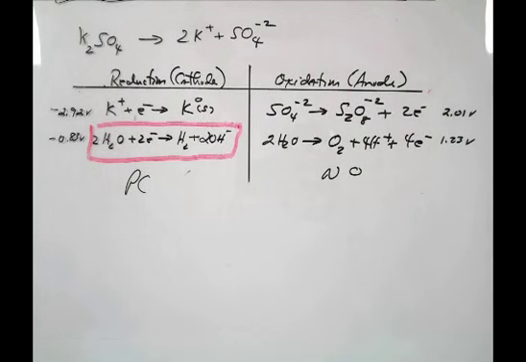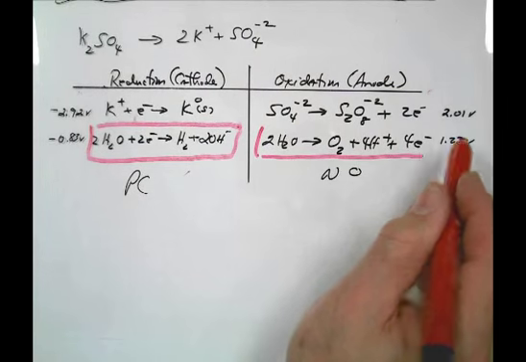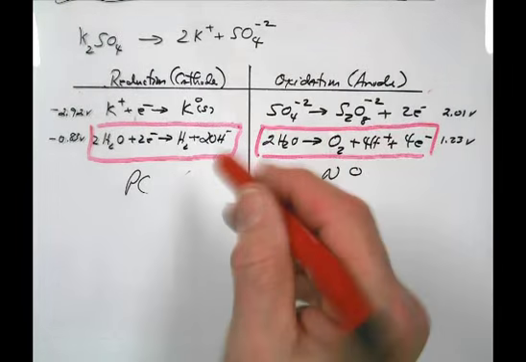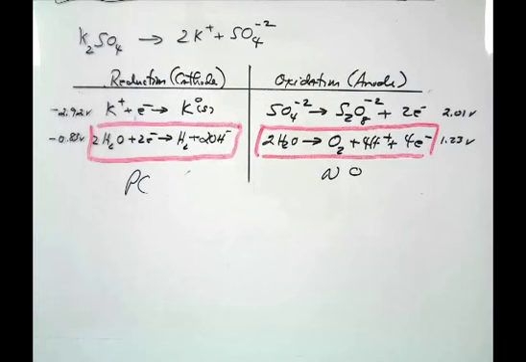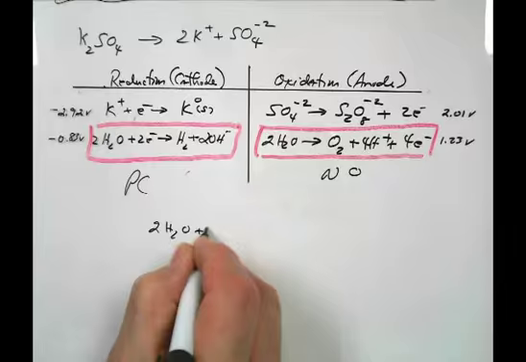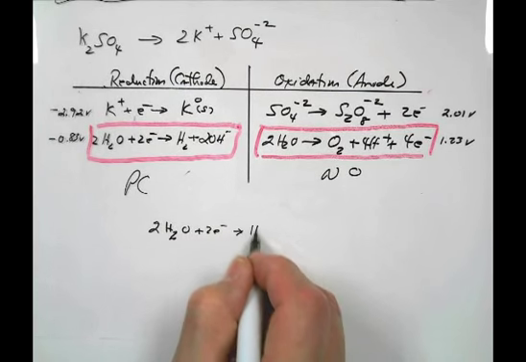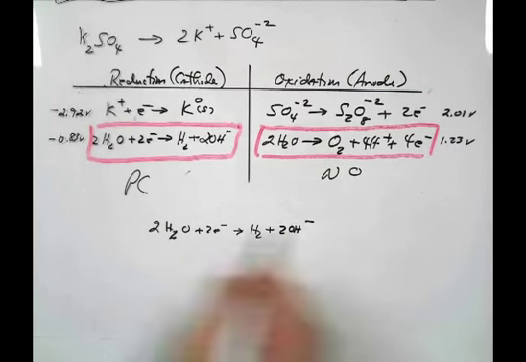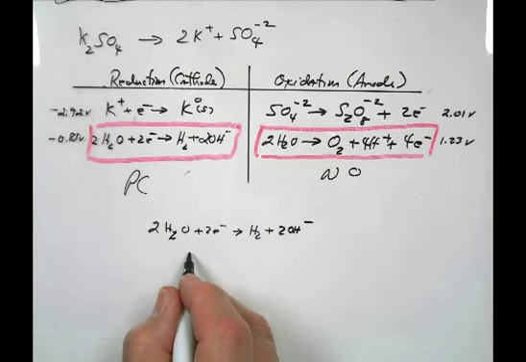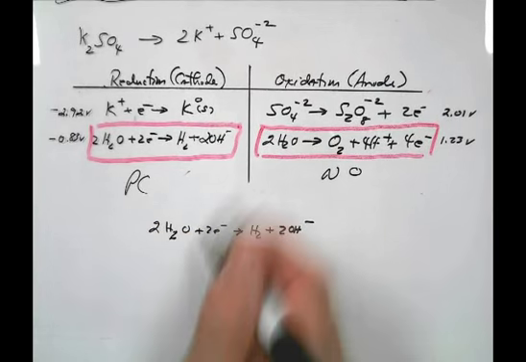Okay. The more negative is the water. So in this case, both water half reactions dominate, and you have 2 H2O plus a couple of electrons goes to H2 plus 2 OH minus, and then you have, I'm going to cut that one in half before I put it down here.